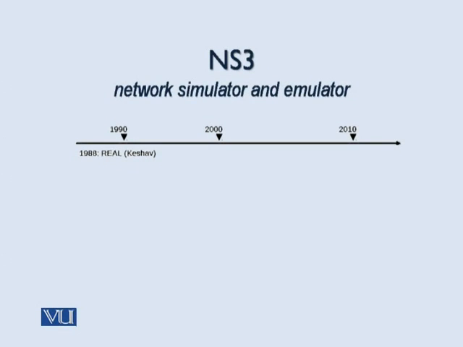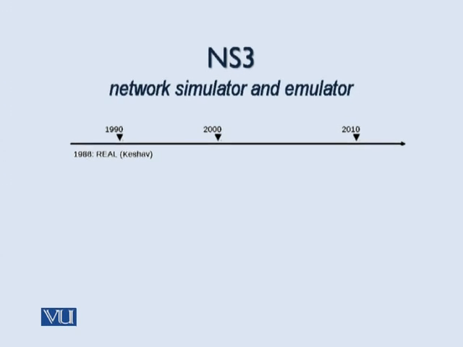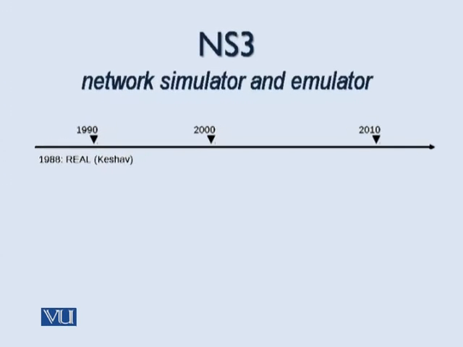But let me now outline the history or the chronology of events that led to the creation of NS3. So on the slide now you can see a timeline, and we see that the first simulator which really had an impact, I'm talking of network packages or network simulators, is the Real simulator. The name of the simulator is Real, and it was created by Keshav.